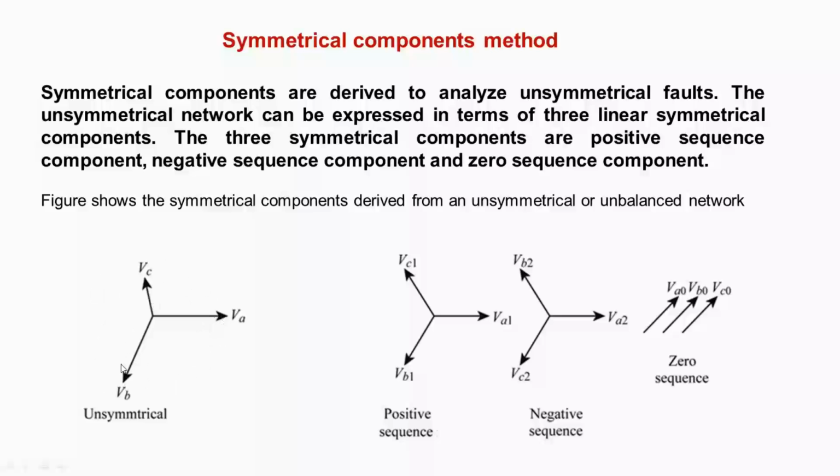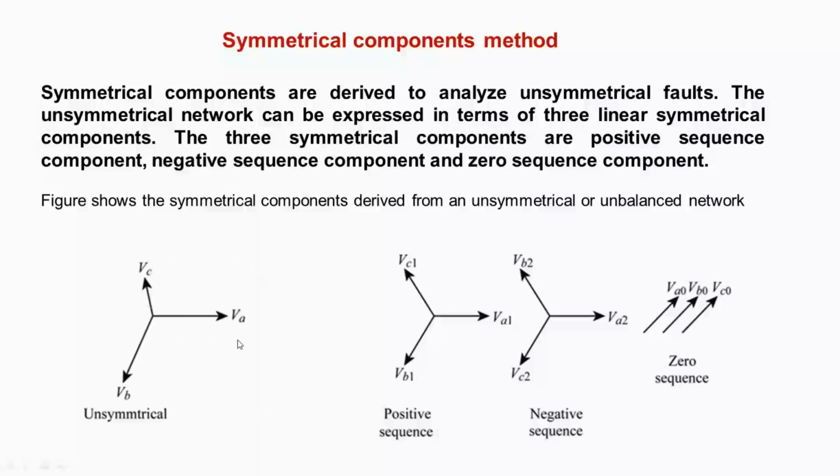Because when an unsymmetrical fault occurs in a power system, the fault currents in the three phases are different, as well as the voltages in the three phases. The phase sequence is also different. So the voltage vector lengths are different, and the phase sequence is also different. This is called the unsymmetrical vector.